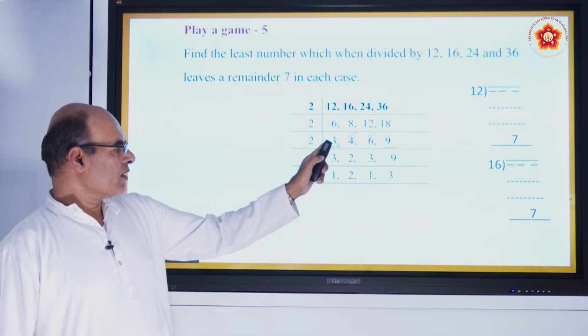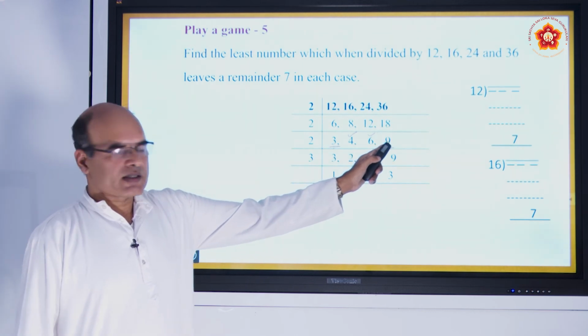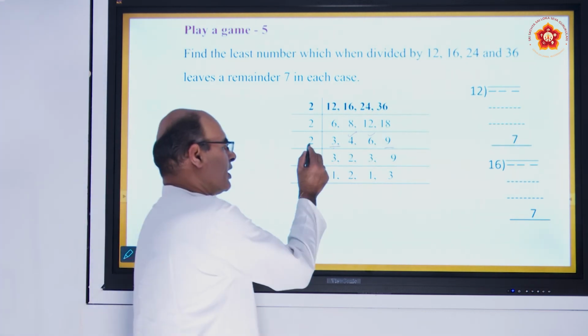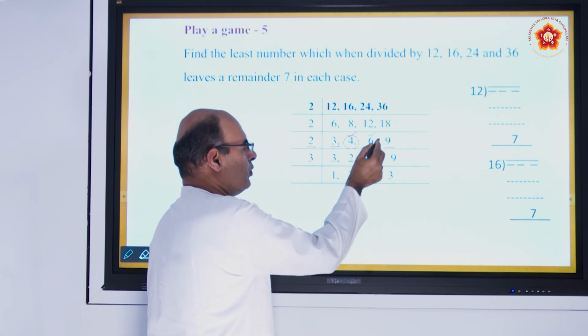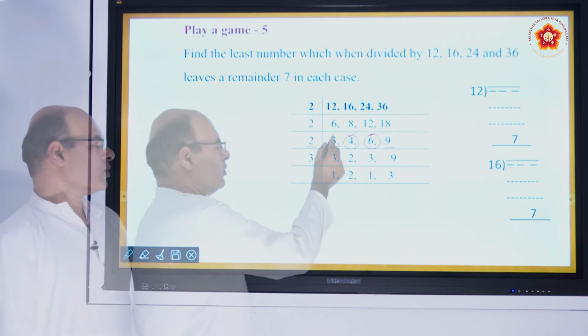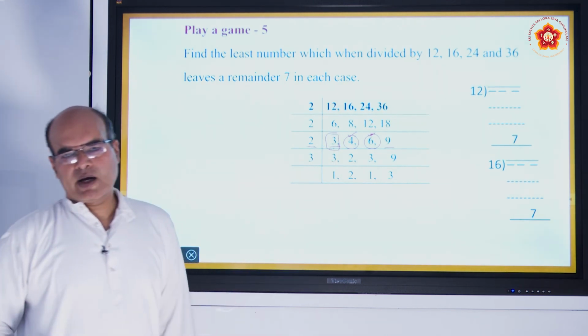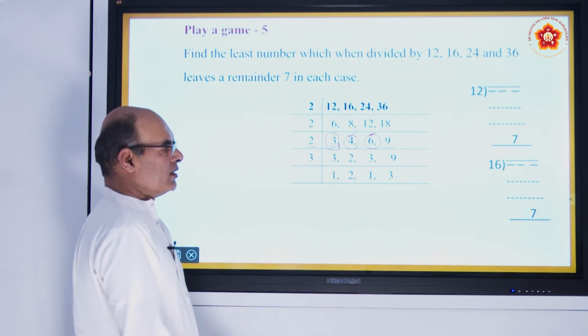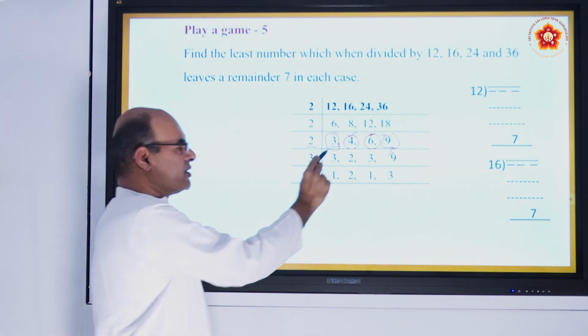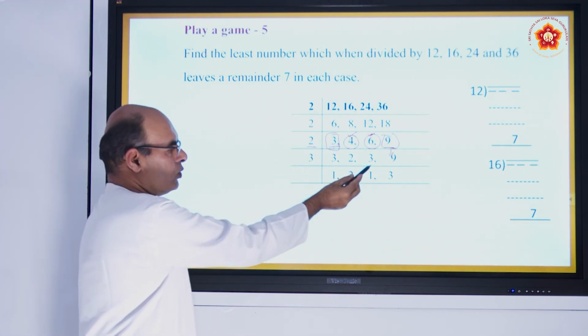So we can take 2 here because by 2 we can divide the middle two numbers. We cannot divide 3 by 2, so write 3 as it is. Similarly, write 9 as it is. So divide 4 and 6: 2 2s are 4 and 2 3s are 6.